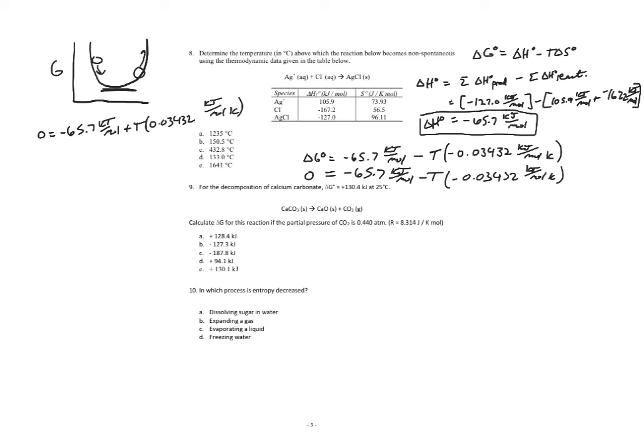All right, so now you can imagine rearranging this equation, making our delta H positive by pulling it over to the left-hand side of this equation, leaving us just T delta S on the right-hand side.